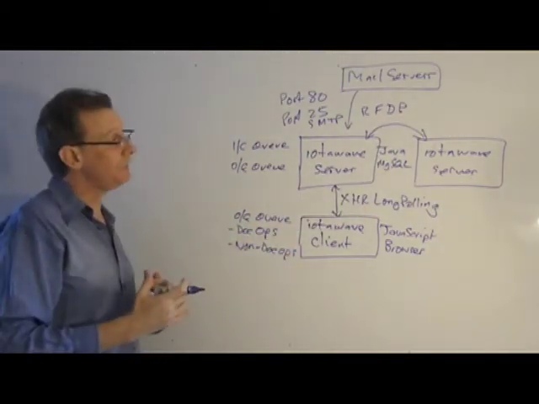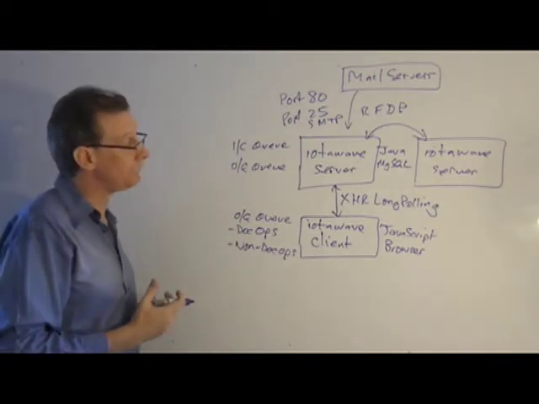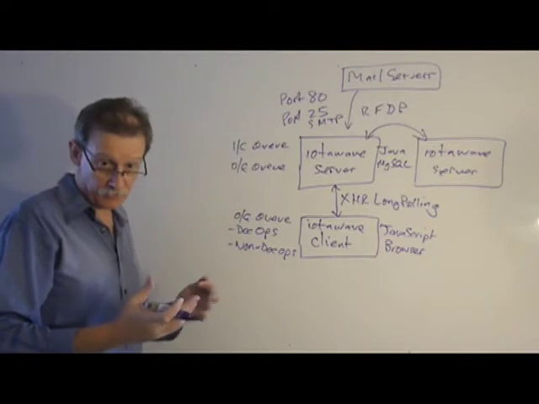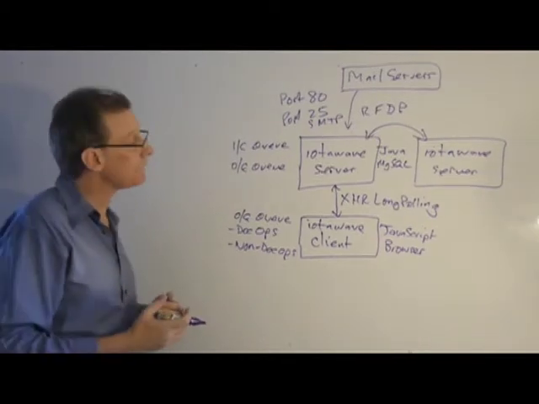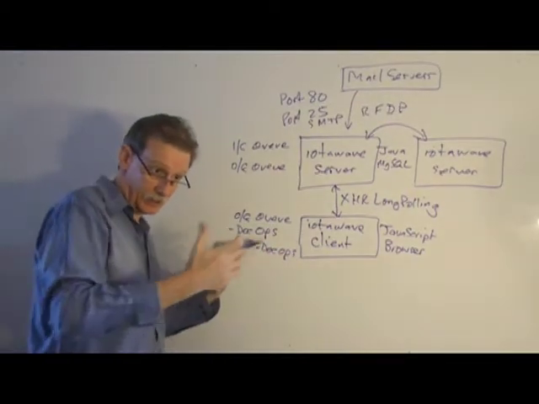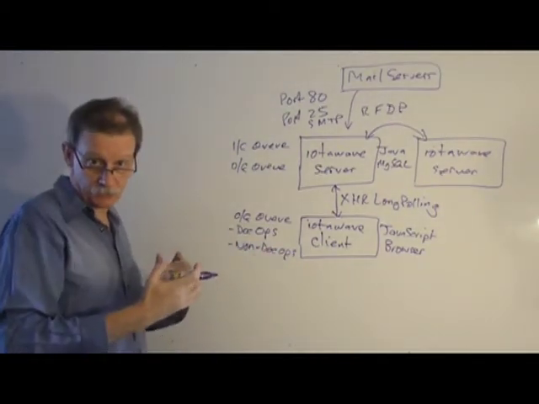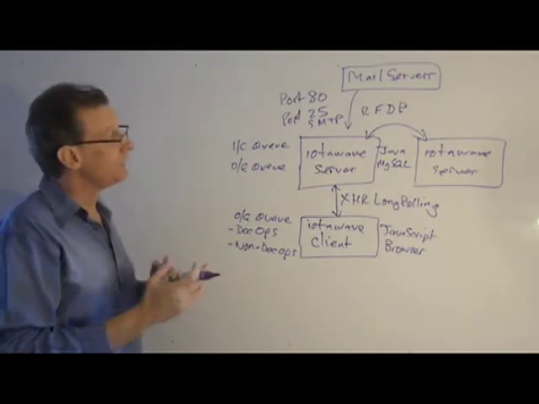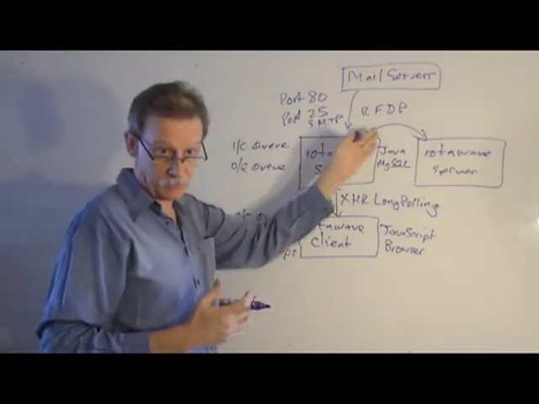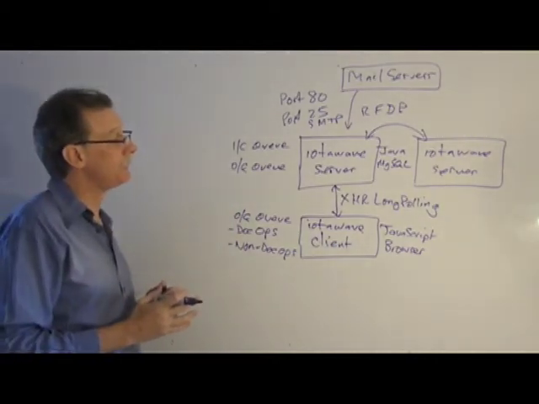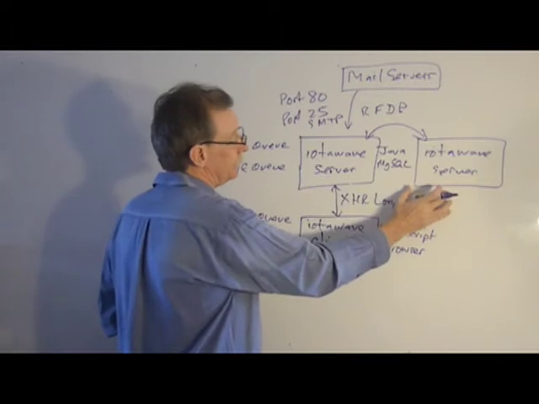So hopefully, as other vendors with their other wave-type products see the need to federate with each other, as ultimately it must come, RFDP has been designed so that we can accommodate other vendors' methods of federation, and maybe even other vendors can pick up on RFDP. But for the moment, it's important that we're able to federate between different iotaWave servers.